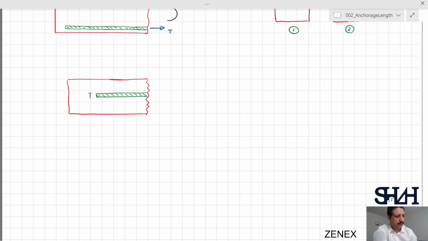Suppose we have a reinforcement with the diameter of phi, which from the maximum stress is inside the concrete with the length of L. And it is under the tension of force T. We have two stresses in this reinforcement. One is the actual stress, which is applied to the cross section of reinforcement, and the other one is the shear stress or average shear stress in the total length of reinforcement.